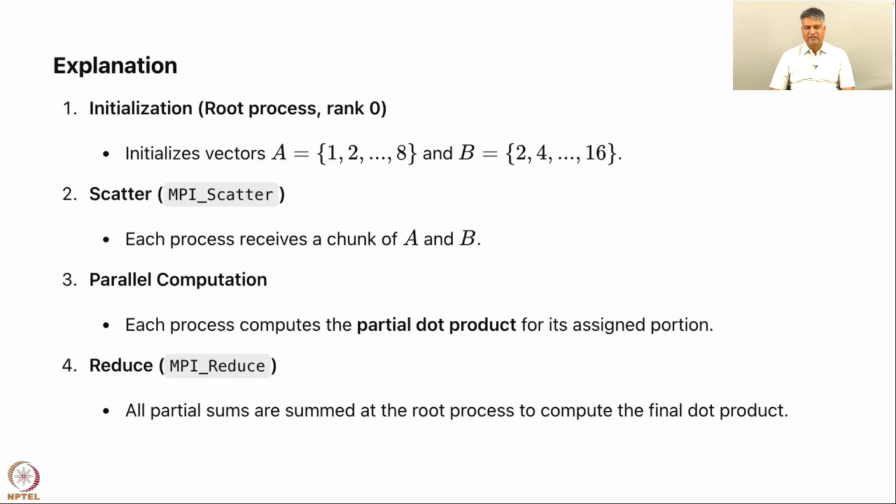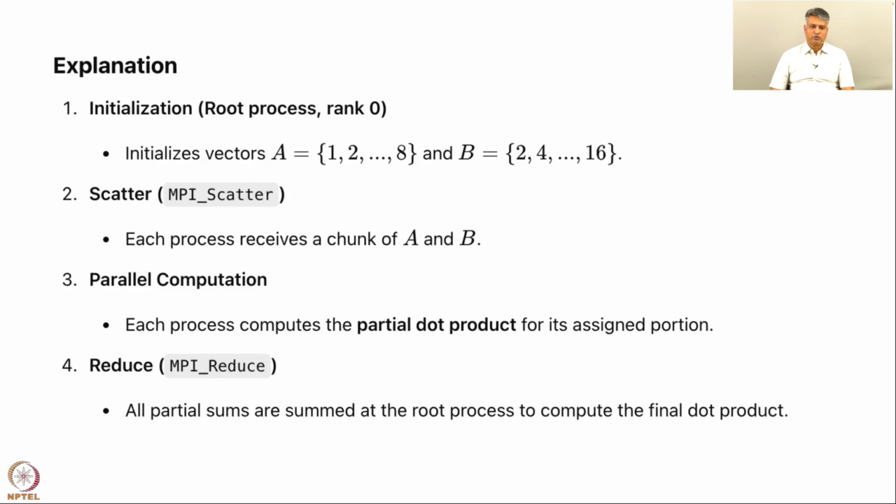We took this vector, which is 8 long, and we scattered it amongst 4 processes. We gave process 0 the elements 1 and 2, process 1 the elements 3 and 4, process 2 the elements 5 and 6, and process 3 the elements 7 and 8 from the initial vector A. And similarly, we split the vector B.